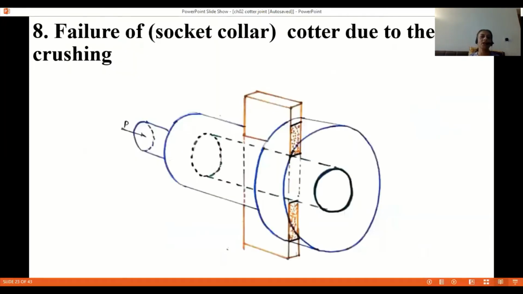Next is the failure of the socket collar, or we can say failure of the cotter in the socket collar due to crushing. Cotter is subjected to crushing.